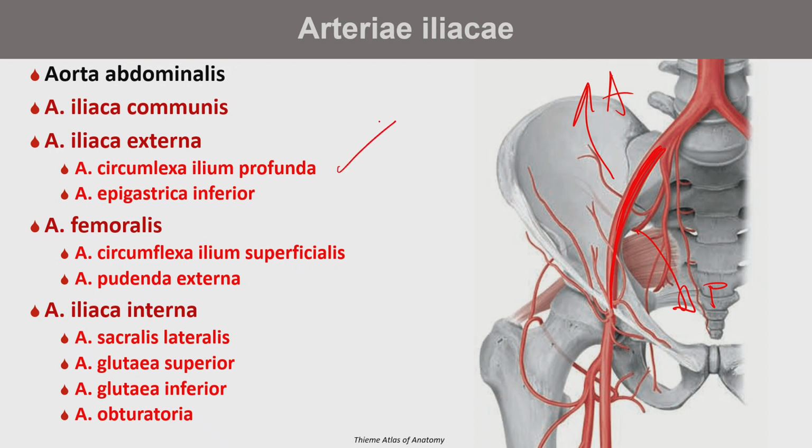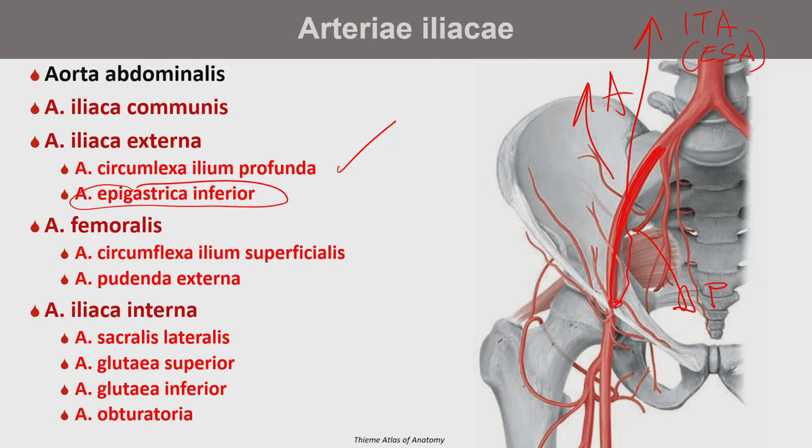The circumflex profunda is the artery supplying the iliac bone and iliac muscle, but the inferior epigastric artery is important. It arises medially and goes up, and we know that it touches the territory of the internal thoracic artery, which in the upper abdomen is called the superior epigastric artery.